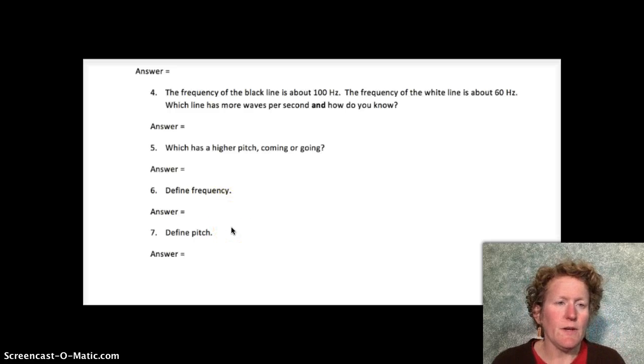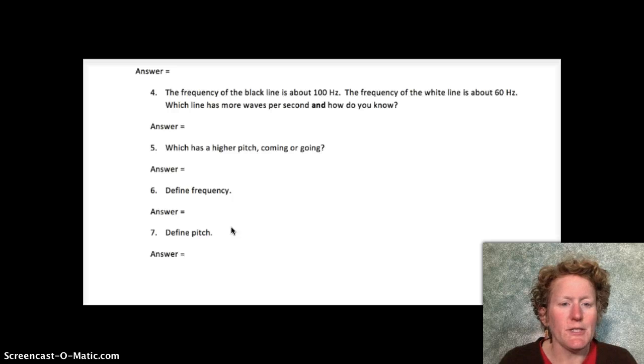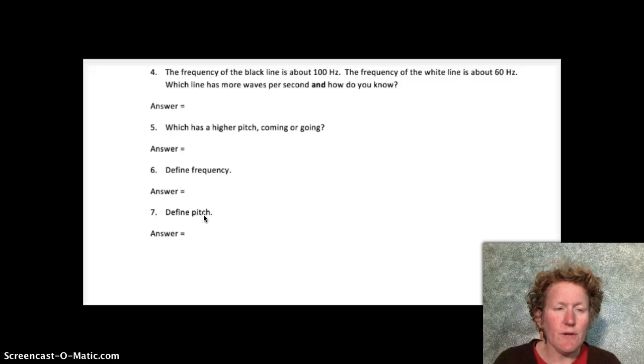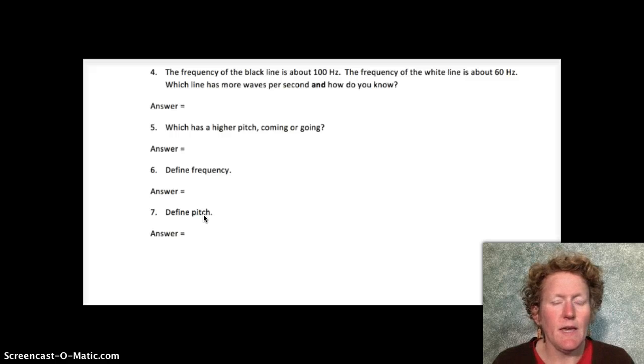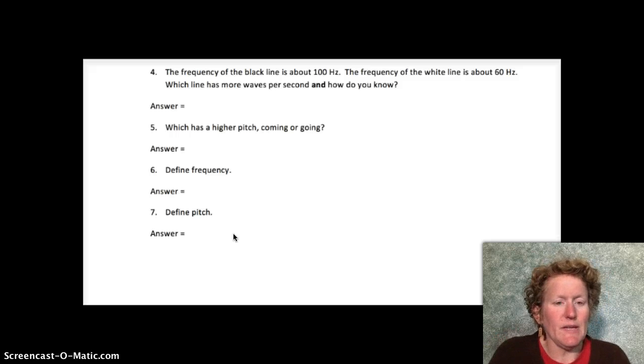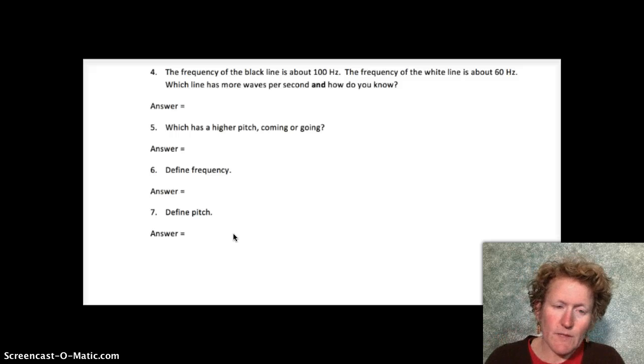There's a higher frequency, so you hear a higher pitch. Pitch is just the frequency of sound waves. It's how we describe what sound waves of different frequencies sound like. So if we hear high frequency waves, we say that's a high pitch. If we hear low frequency sound waves, we call it a low pitch.